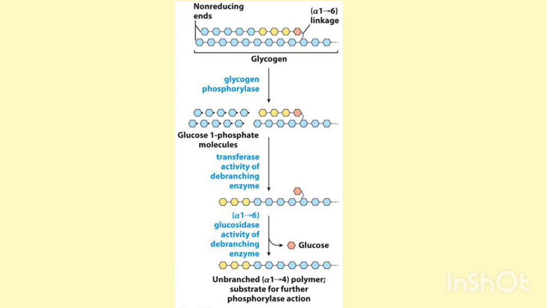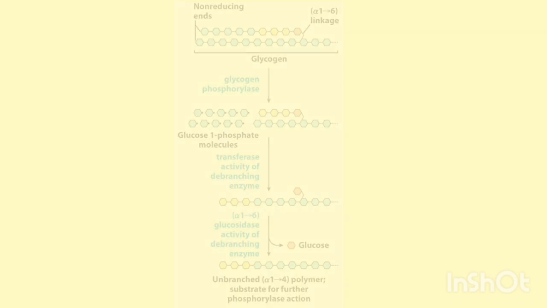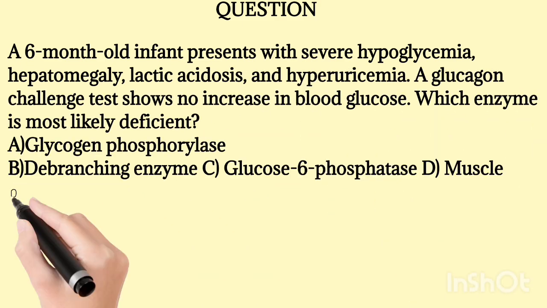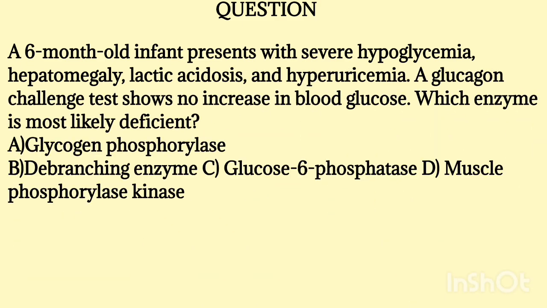That's it. Like I always do, I must give a question to buttress what I have been teaching so far. A 6-month-old infant presents with severe hypoglycemia, hepatomegaly, lactic acidosis, and hyperuricemia. A glucagon challenge test shows no increase in blood glucose.